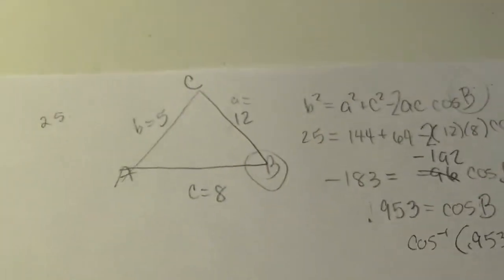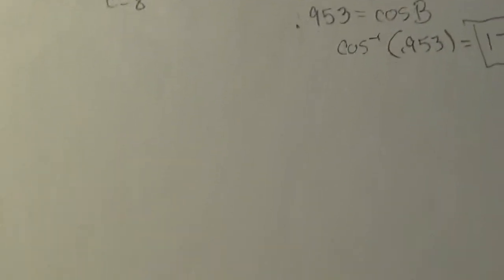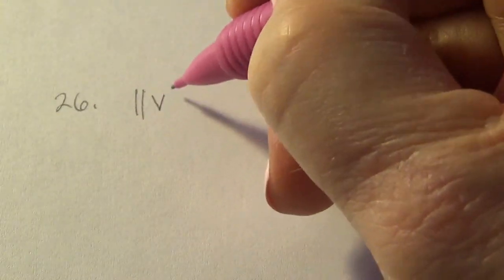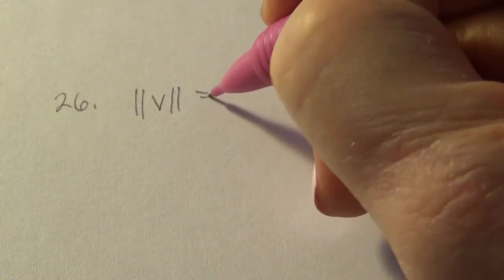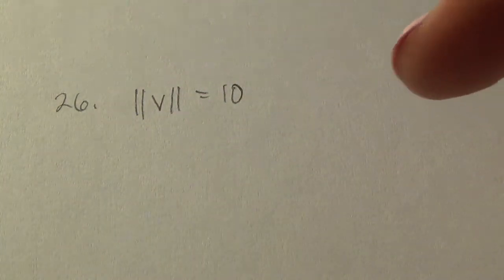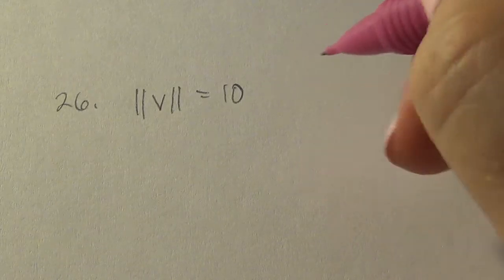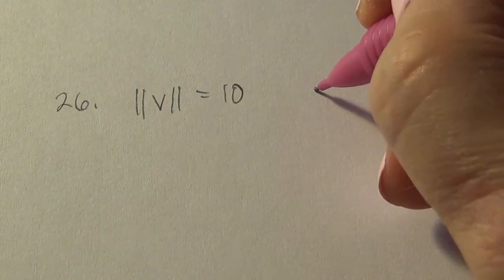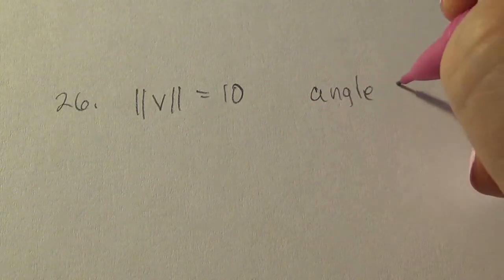Alright, number 26. Here we have a vector, and its magnitude is 10. That's what those symbols meant. It meant a vector's magnitude, and the angle is 30.